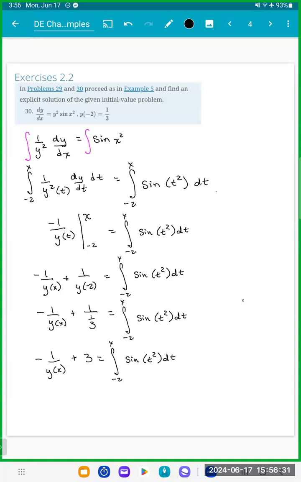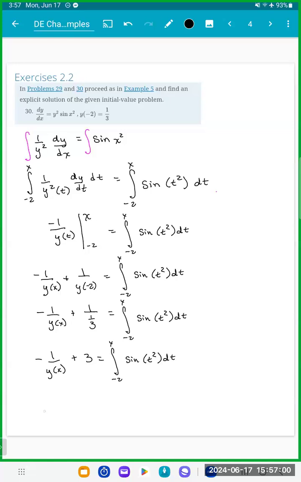Okay. And then the last thing we want to do is move the 3 to the other side, well, we can actually leave the 3 on the side that it is. Let's multiply both sides by the y. Really, we're just trying to get what is y of x. That's what this problem was asking us to do.